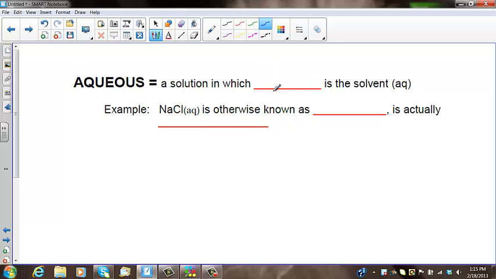So, aqueous, a solution in which water is the solvent. So, for example, NaCl is otherwise known as salt water. But when we really look at it under a microscope, okay, I have Na+ ions that are aqueous, and I have Cl- ions that are aqueous.